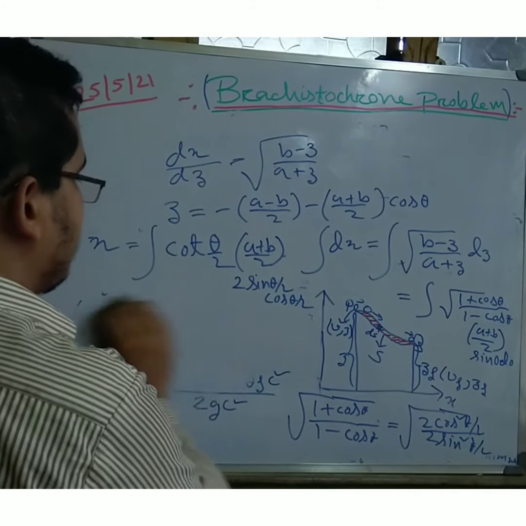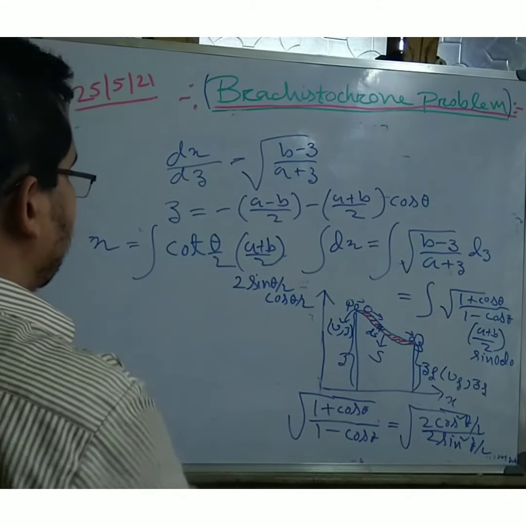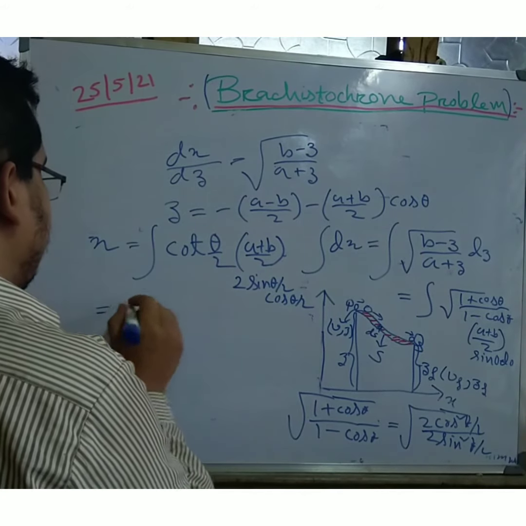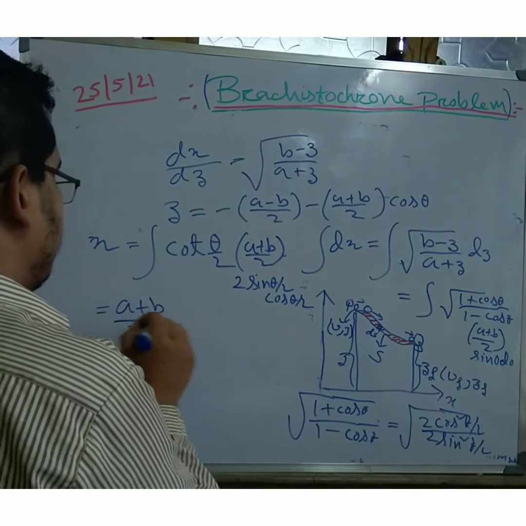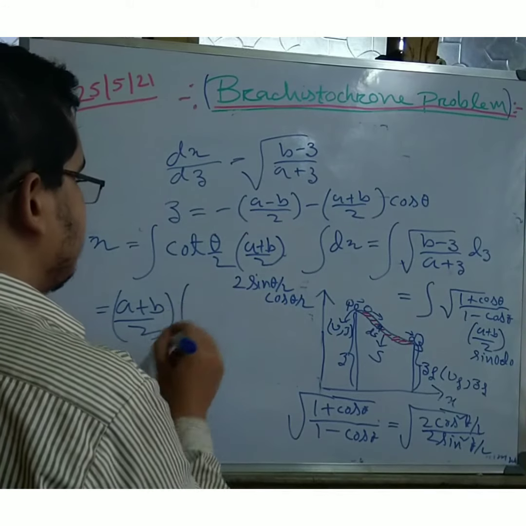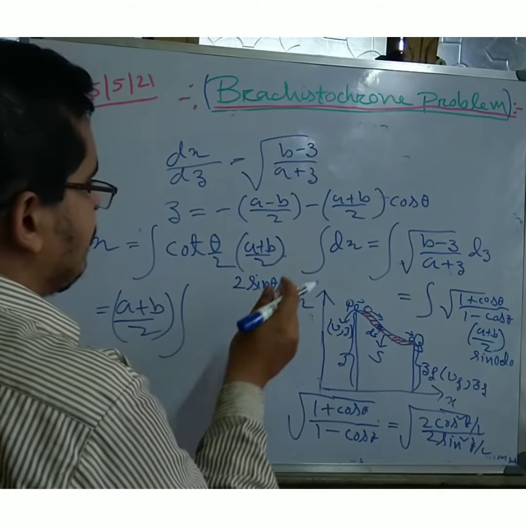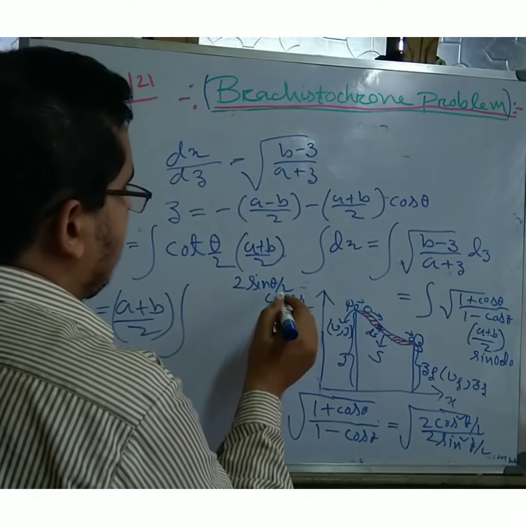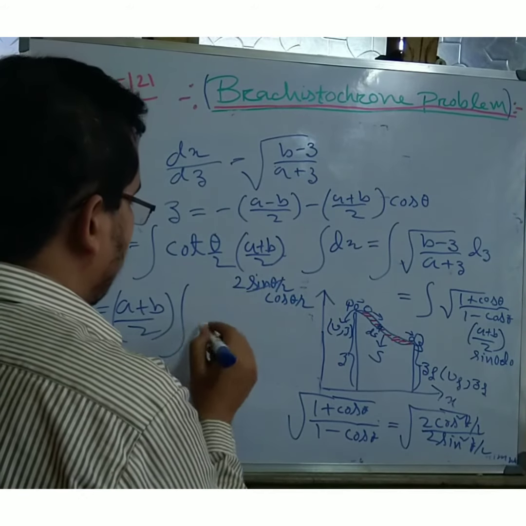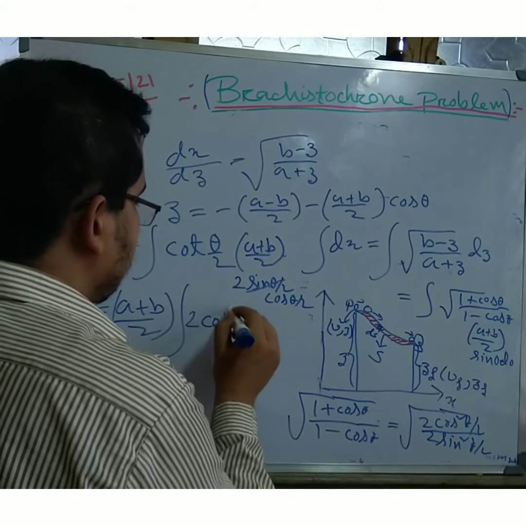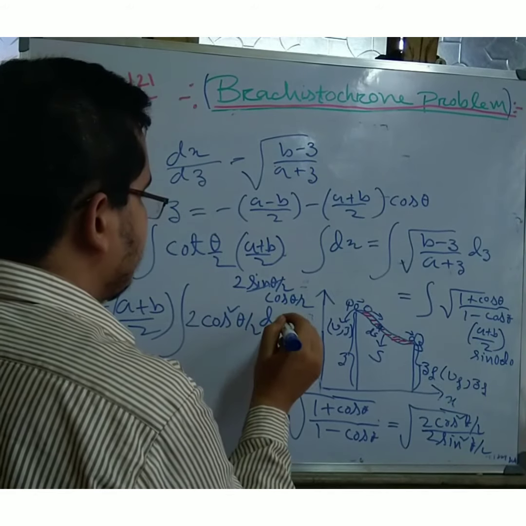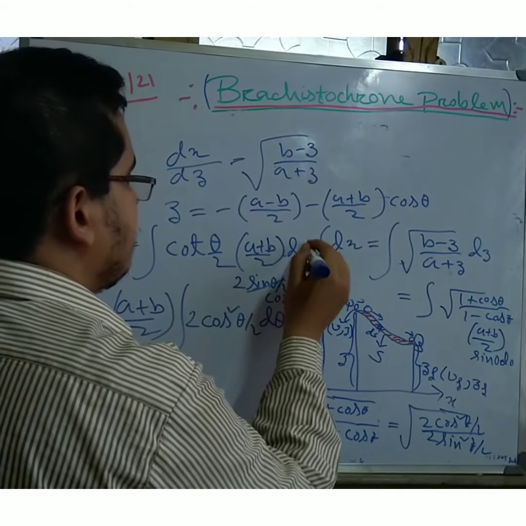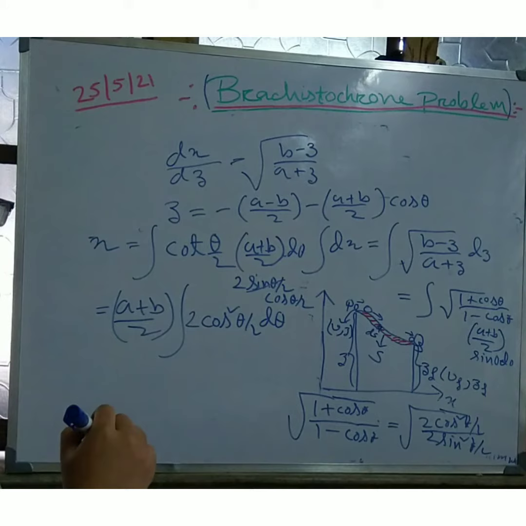Just remove this, friends, whatever I get a plus b, you can also write. So I get a plus b divided by 2 in my integration, and cos theta by 2, cot theta by 2, cos theta by sin theta by 2 also cancel. So I get 2 cos square theta by 2 into d theta, okay.